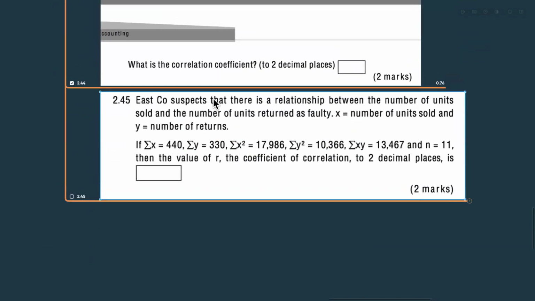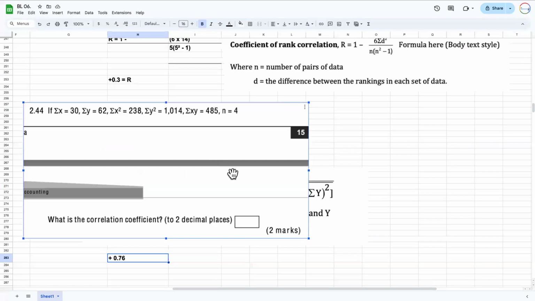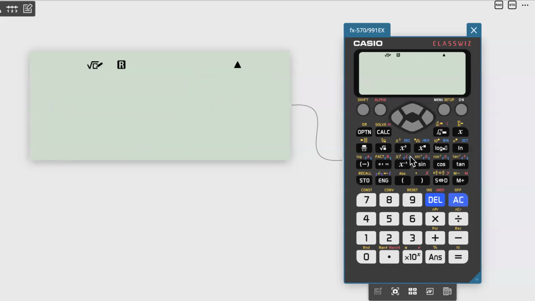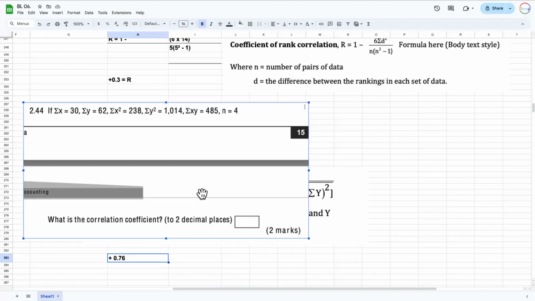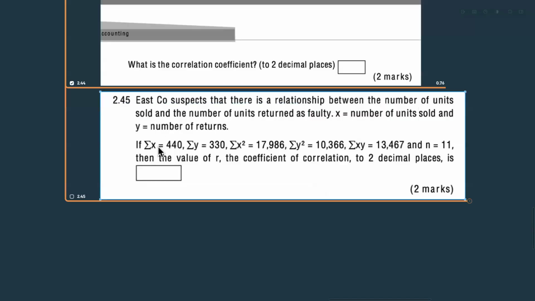Then the East Company suspects there is a relationship between the number of units sold and the number of units returned as faulty. X is the number of units sold and Y is the number of returns. They are asking for the same coefficient of correlation to two decimal places. The same thing we have to do what we have done right now. We have to apply n in this question.